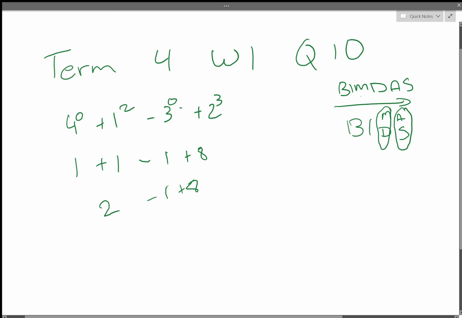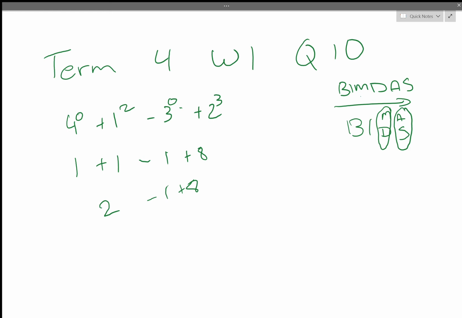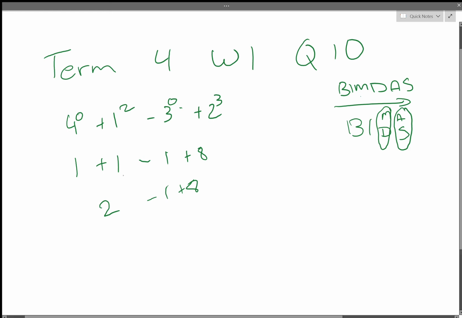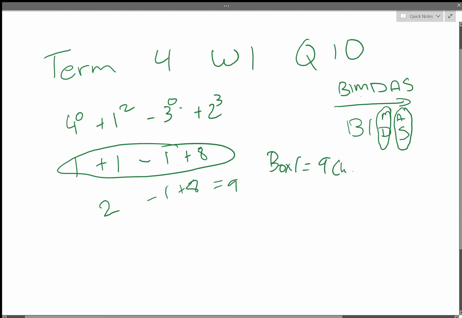So when you do a sum where they're all on the same plane, such as here, all you have to do is just go across. So 2 minus 1 is 1, plus 8 is equal to 9. So box 1 has 9 chocolates.